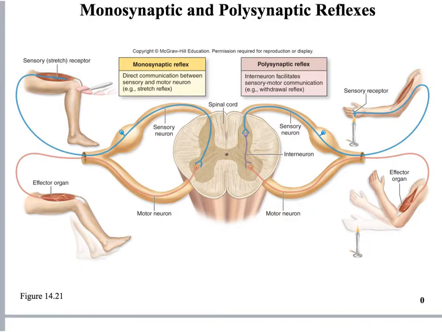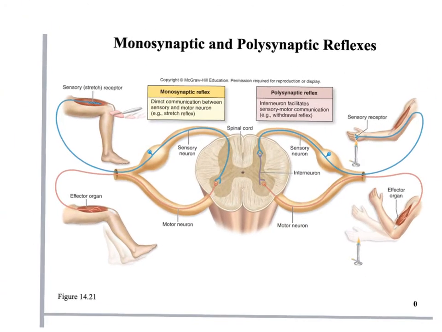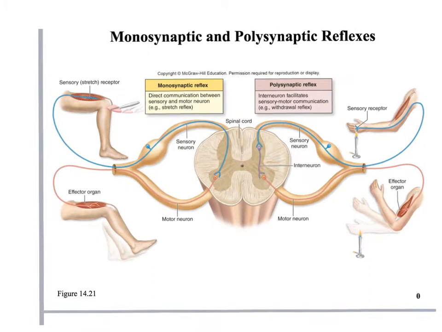Here's a couple examples. So here's a monosynaptic reflex. You'll note one neuron: the stretch receptor comes in, sensory information, integration center. There's no interneuron. It immediately terminates on the motor neuron, and the motor neuron stimulates the effector organ, and you get your leg kick.